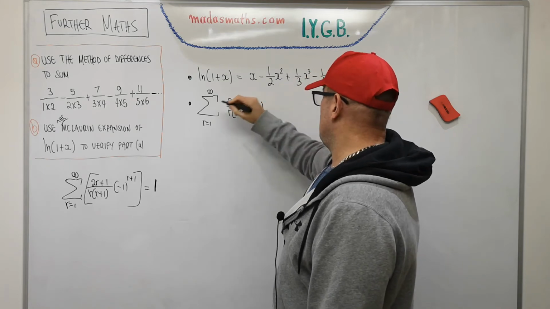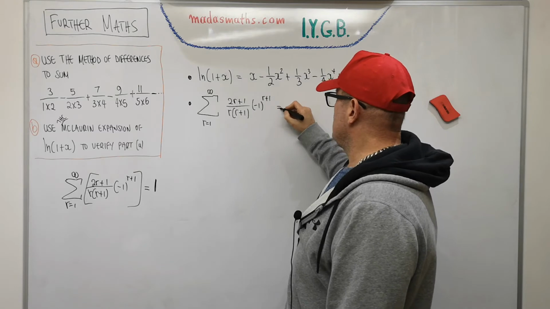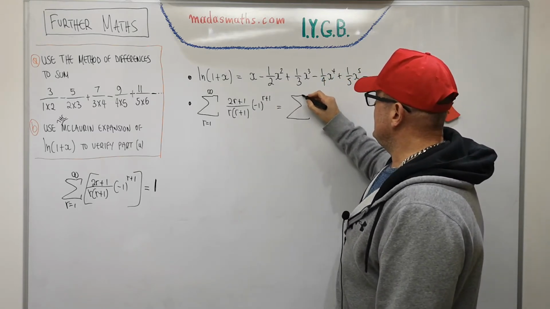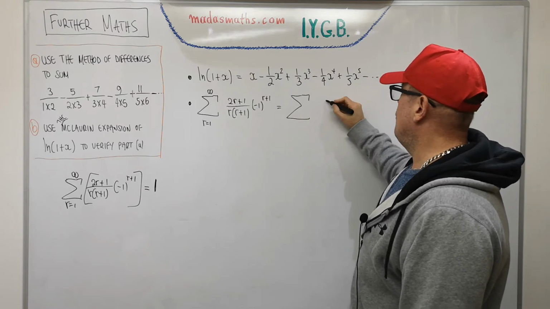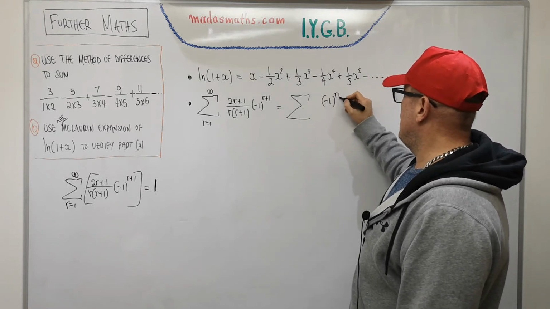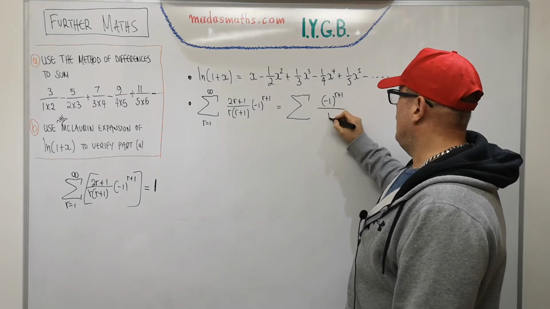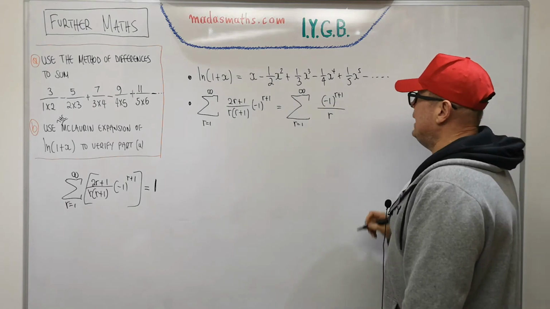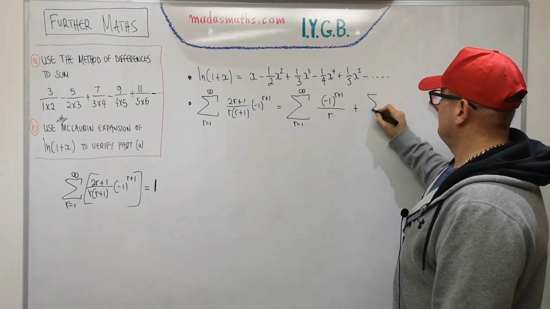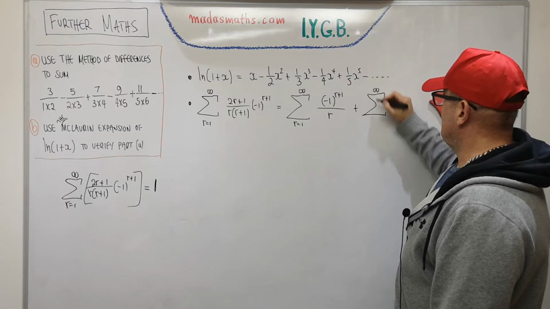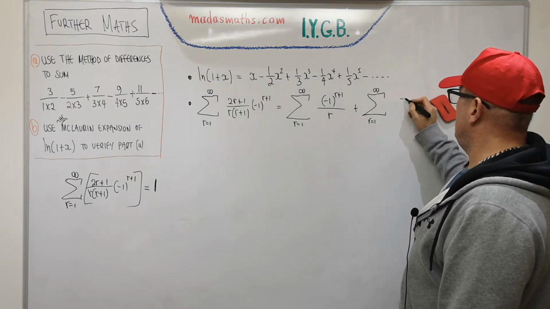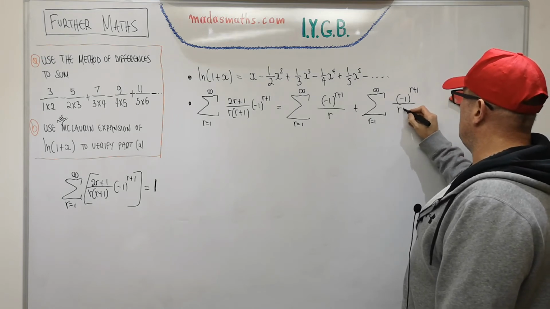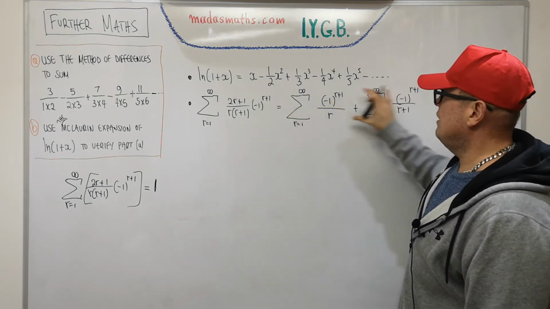This is what we're trying to find, and we said this is exactly the same as these two sums: the sum of minus 1 to the r plus 1 over r, from r is equal to 1 to infinity, plus exactly the same from r is equal to 1 to infinity, also alternating, but this was over r plus 1. We got this from the partial fraction.